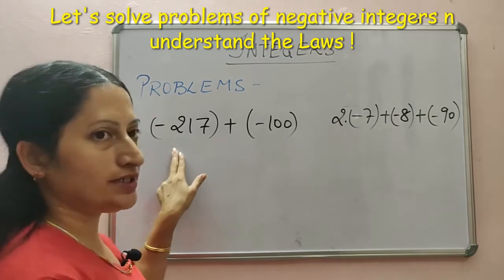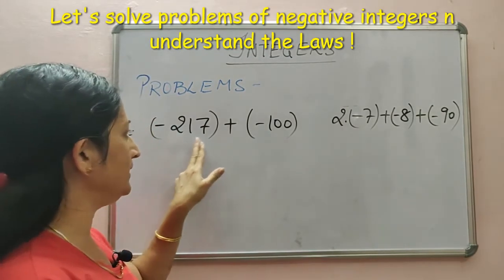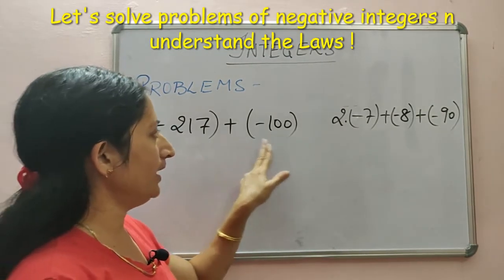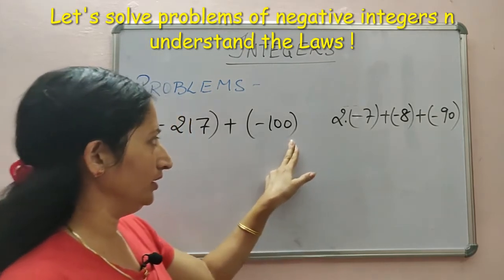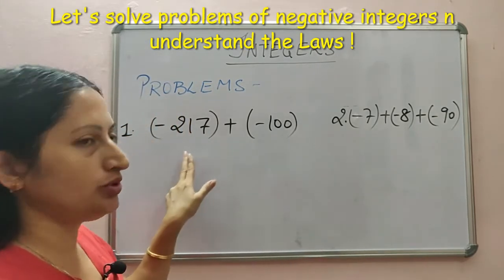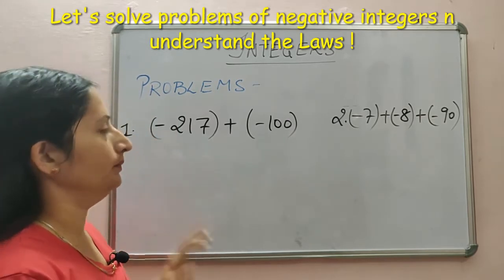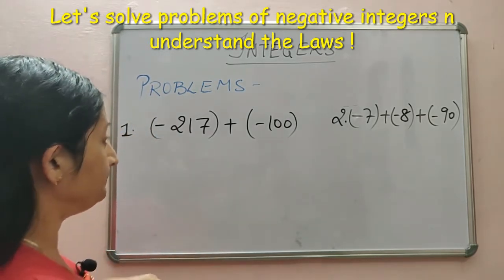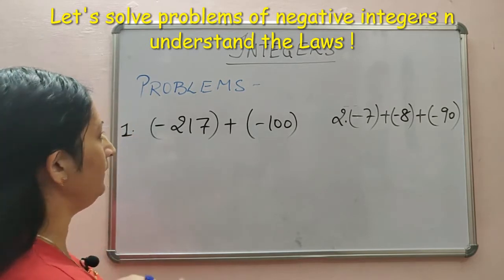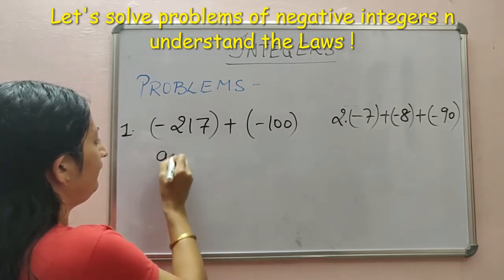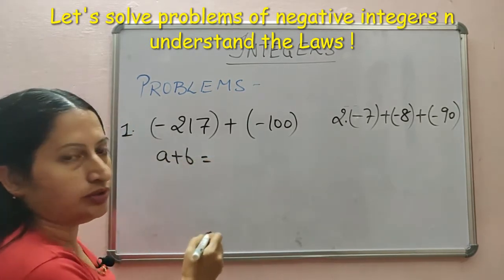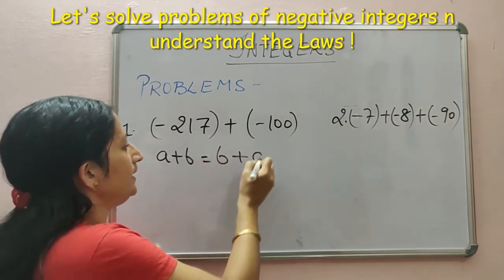I've got here first problem in which minus 217 plus minus 100 I am doing. So I will try to show with help of this the commutative law also. So let's see. Based on the commutative law, we have a plus b is equal to b plus a.